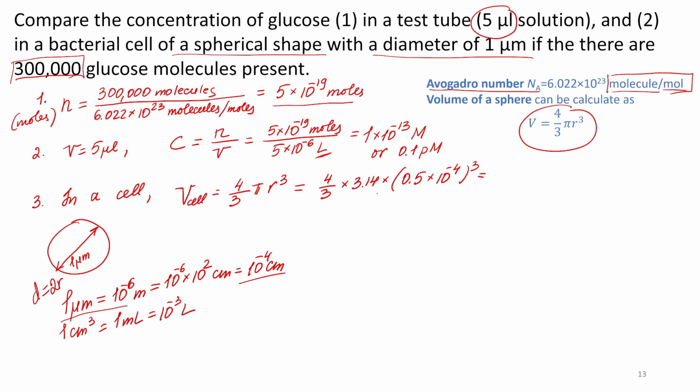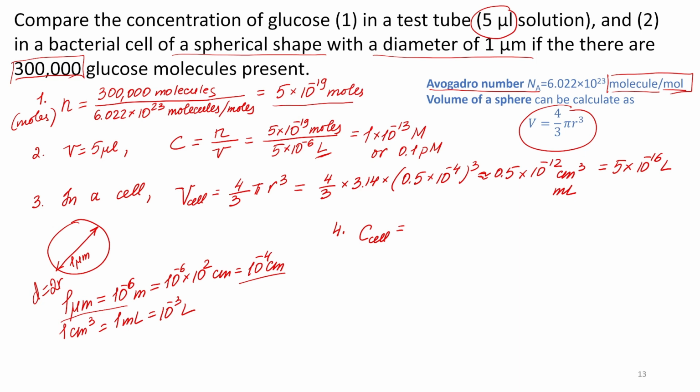So that will give us, let's just round it up, 0.5 by 10 to the negative 12 cubic centimeters, which is milliliters. So if we want to convert into liters, that would be 5 by 10 to the minus 16 liters.